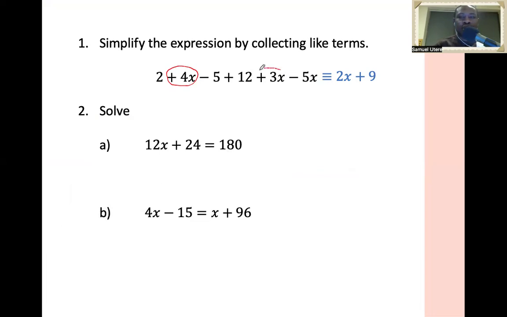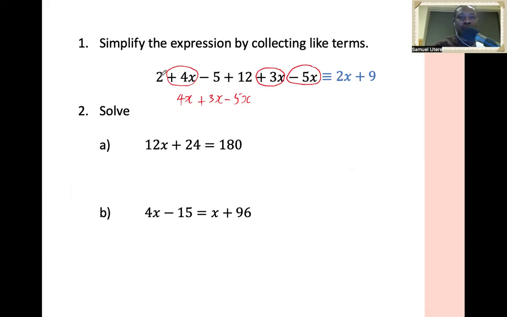So I have these ones. So if I rewrite the x's, I'll have 4x. So positive 4x is the same thing as 4x, add 3x and then subtract 5x. 4x add 3x is 7x. Subtract 5x. That gives you 2x.